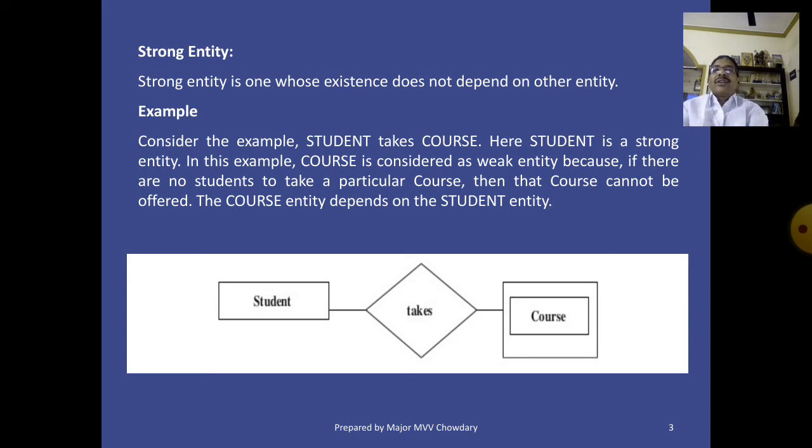The course entity depends on the student entity. So student is the strong entity and course is the weak entity.